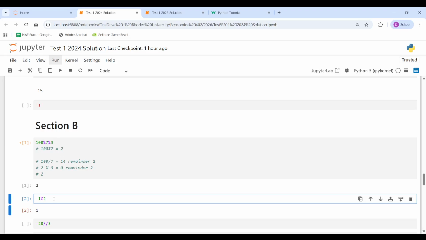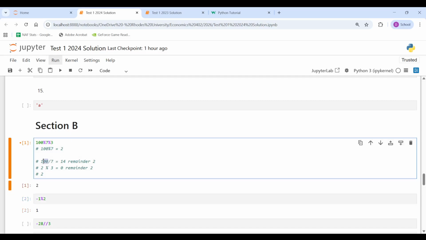Then we'd say 0 times the denominator subtracted from the numerator. Does that make sense? So here your numerator is 100, denominator is 7, so 100 divided by 7 gives me 14. 14 times 7 gives me 98. 100 minus 98 gives me 2. Just do that the whole time.